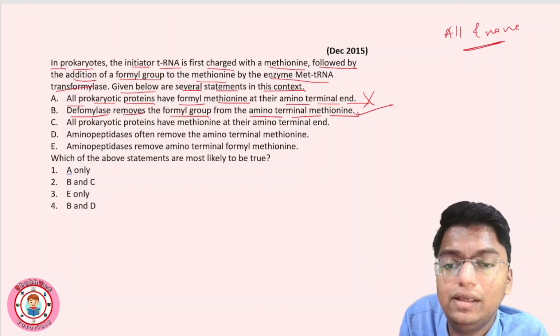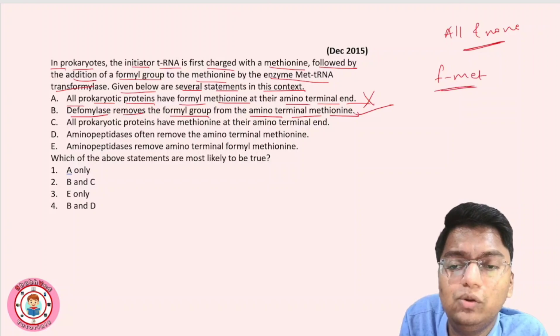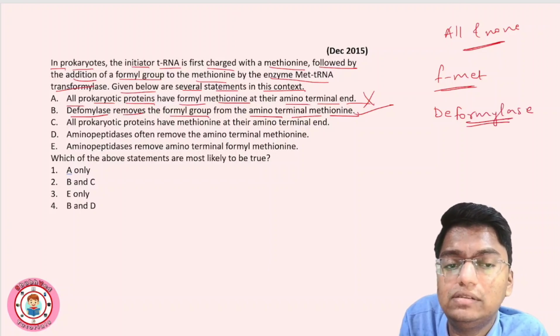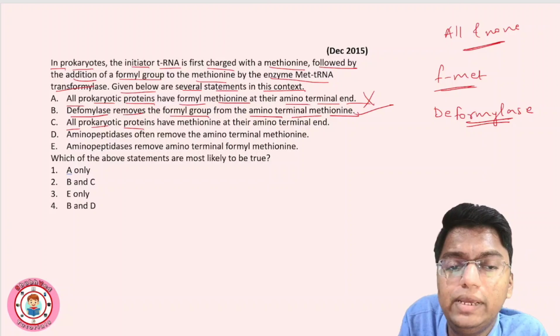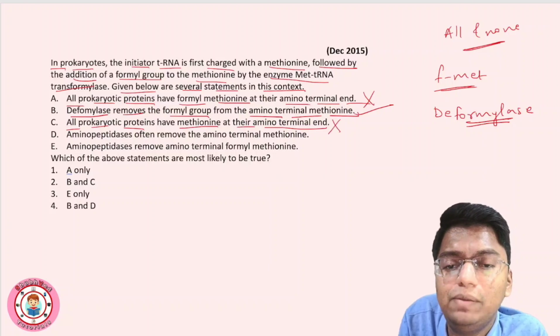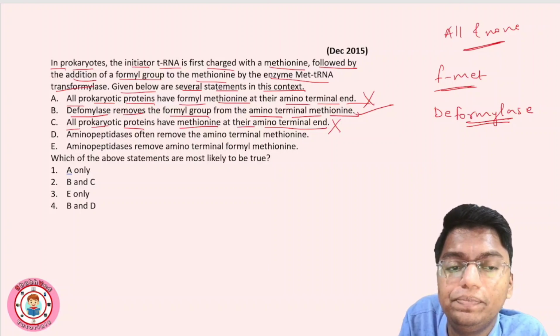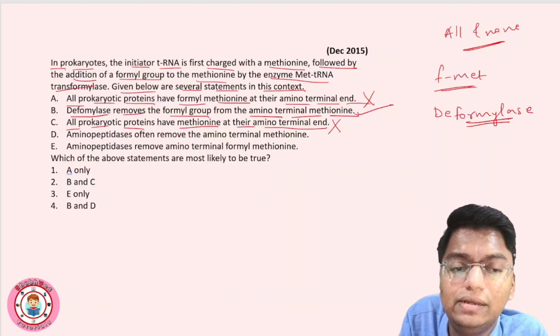See, we have seen that the initiator tRNA carries formylated methionine, but there is an enzyme known as deformylase that can remove the formyl group. Okay, so this is a correct statement again. Next, all prokaryotic proteins have methionine at the amino terminal end. Not a compulsion again. It is not necessary that methionine must be at the end terminus, right? So this also will not be the option. So we want B, and eliminate the rest. A is cut. B and C we don't want. Let's see the other option.